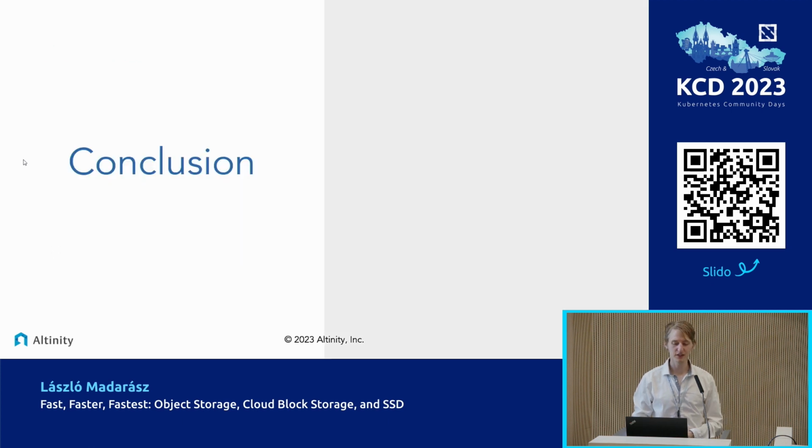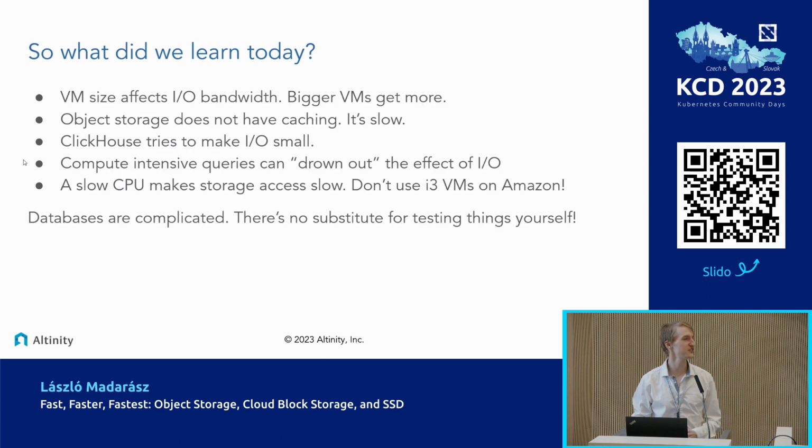So what is the conclusion here? It's actually just a few simple points that might be interesting for you if you think about what kind of virtual machine or other cloud service to order from Amazon or any other cloud provider.